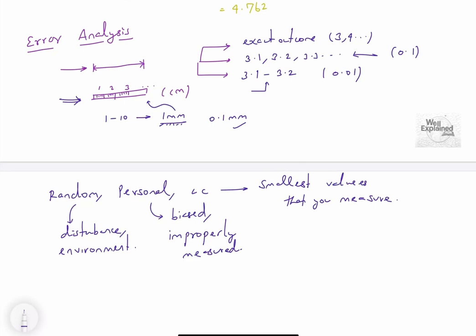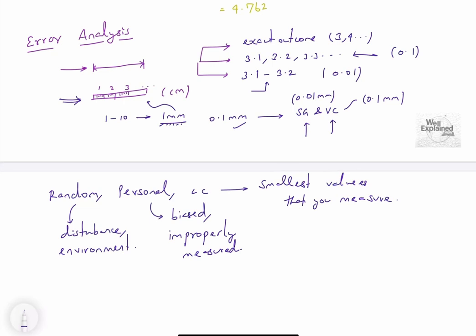And we say happy birthday to screw gauge and vernier caliper. First came vernier caliper, then came screw gauge. Its least count is 0.1 millimeter. Maybe some people thought, can I go more than 0.1 millimeter? Yes, you can go. This can measure 0.01 millimeter. This will be handled in the next section.